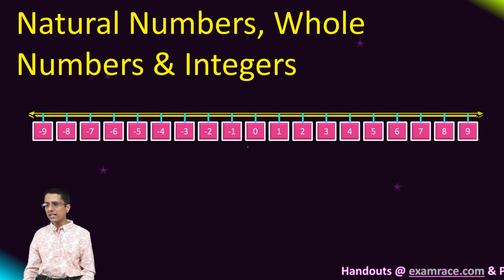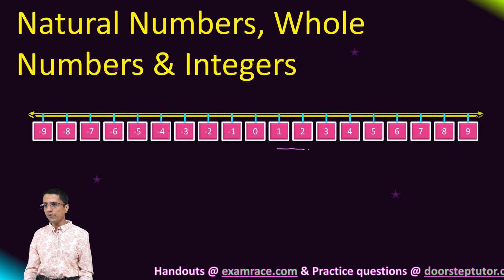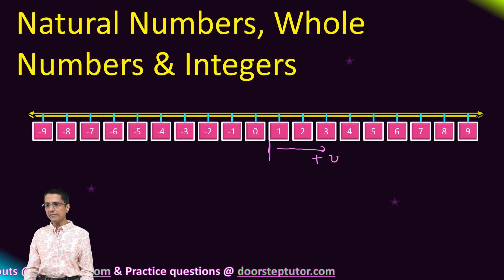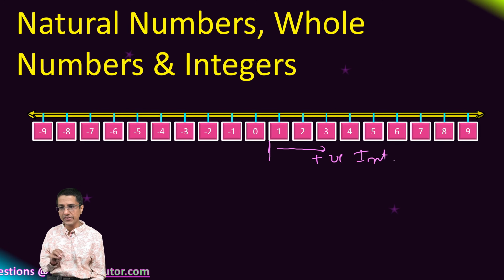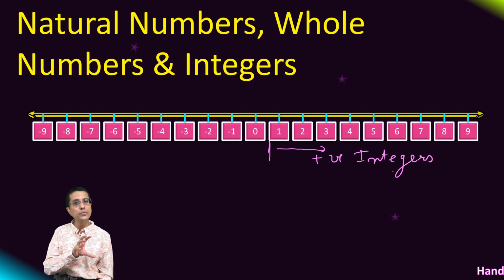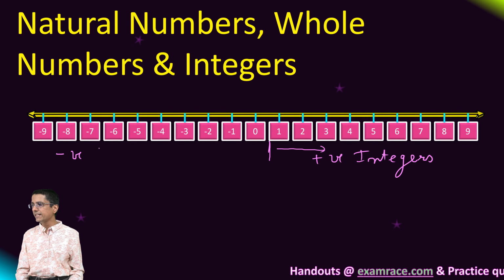The second kind of classification that we can do for this number line is that starting from 1, we say that we have positive integers, and we should remember both of these classifications because both terms are actually used in your questions as well. These are basic terms.